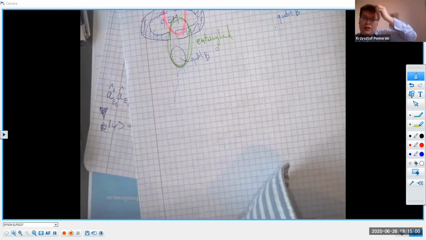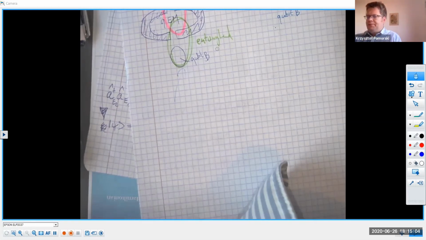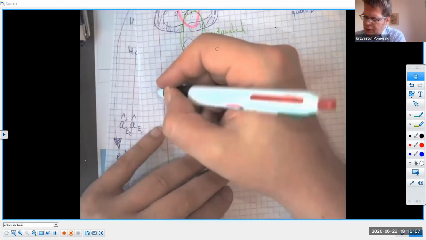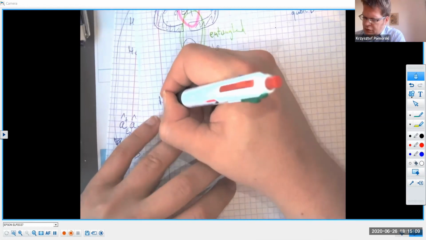Still, this Hamiltonian matrix can be easily solvable. So just to make a short summary.